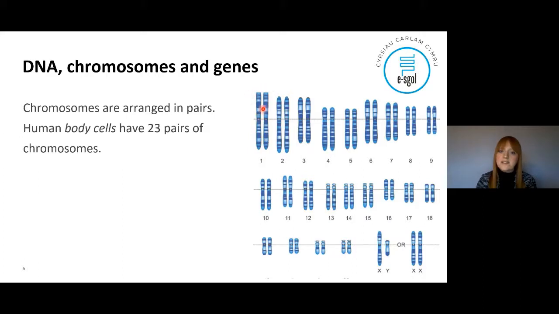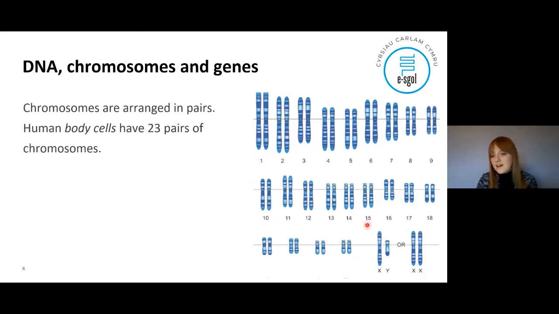So we get 23 individual chromosomes from our mum, and 23 individual chromosomes from our dad. And we can see here that the banding on those chromosomes is similar because the chromosomes have the same genes on them. Not the same versions of the genes, but the same genes.